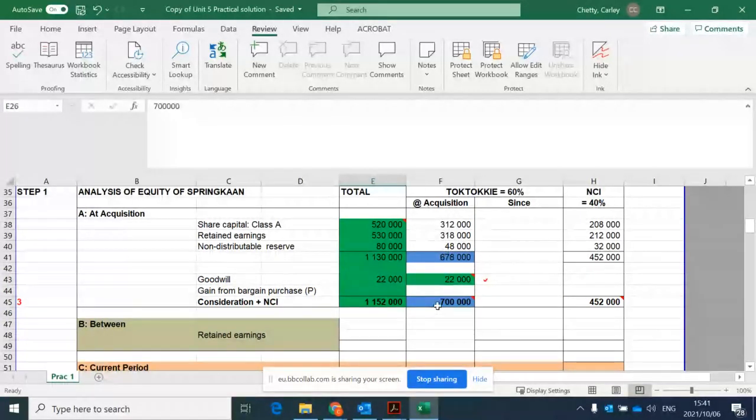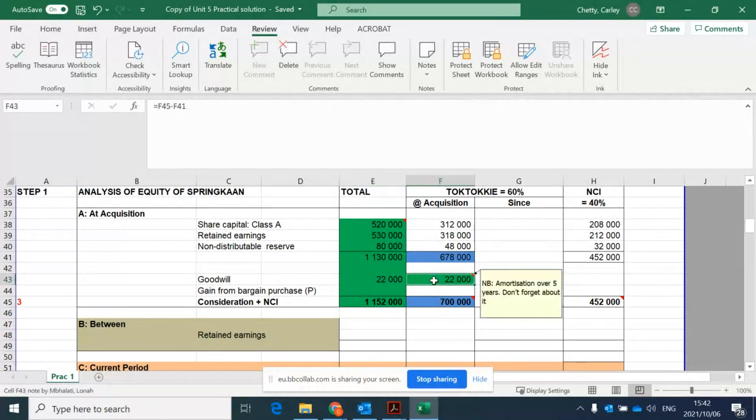So you cannot compare the 700,000 to the total equity of SpringCon because they don't own all of it. So you can see here we are taking the consideration of 700,000 and we are subtracting the 60% of the equity of SpringCon. And that will give us goodwill of 22,000.